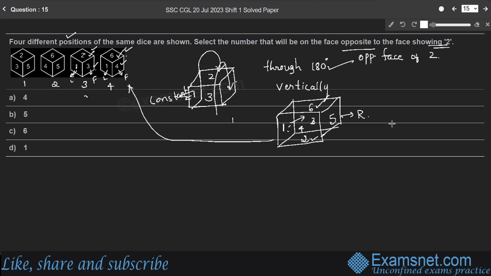So when the dice is rotated through 180 degrees, 6 will be the top face according to position 4, 3 is the front face and 2 the bottom face, and 4 is the front face and 3 is the back face. Therefore, 2 is opposite to 6. The opposite face of 2 is 6, option C is the right answer.